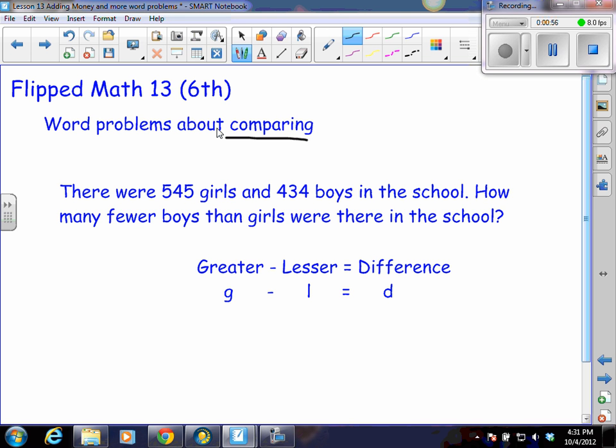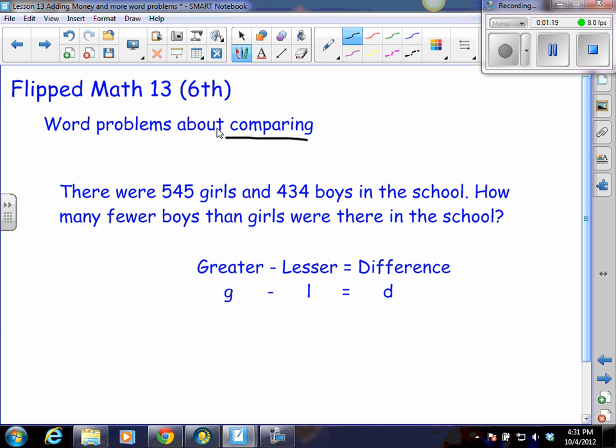And let's take a look at one of those problems just so we understand how that works. The problem says there were 545 girls and 434 boys in this school. How many fewer boys than girls were there in the school? And so as we're looking at our formula, we need a greater amount, a lesser amount, or we need a difference.